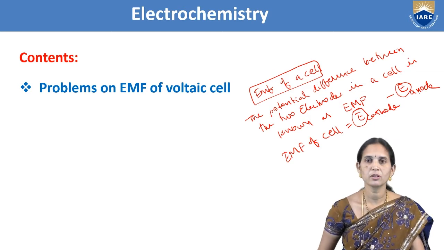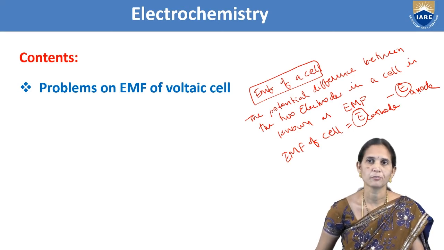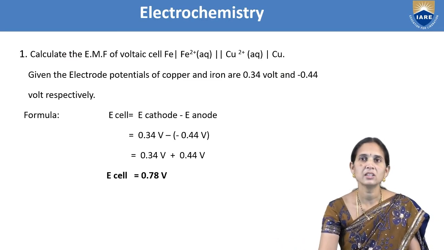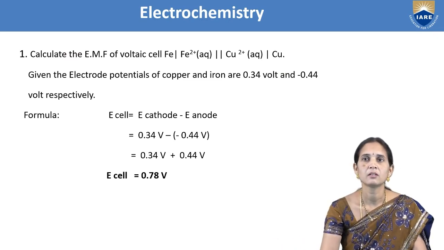So what we are going to discuss today is numerical problems on EMF of a voltaic cell. First problem: calculate the EMF of a voltaic cell. We are taking a cell with two beakers. In one beaker we take a copper electrode and copper sulfate solution.